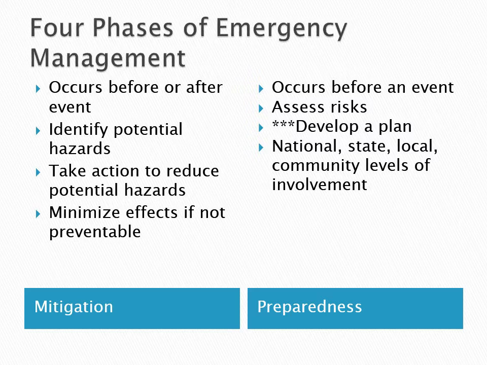The second level is preparedness, and this is what occurs before an event, and it's mainly developing a plan. So you're looking at the national, state, local, community levels of involvement and seeing how to develop a plan that's going to effectively be able to manage a disaster when it does occur.